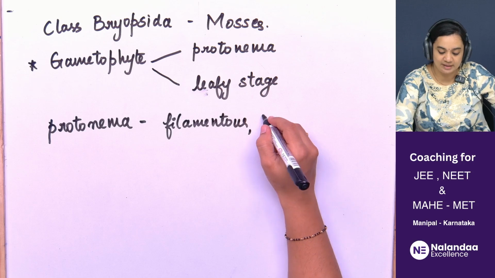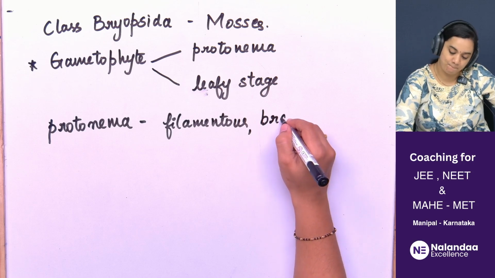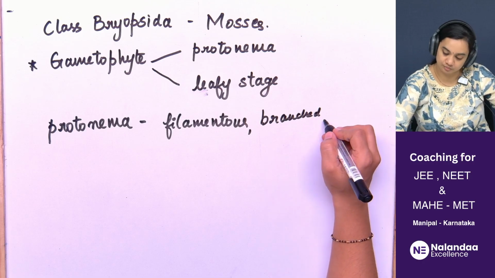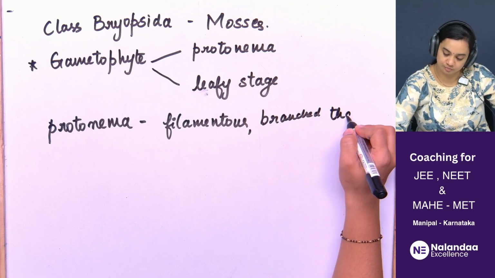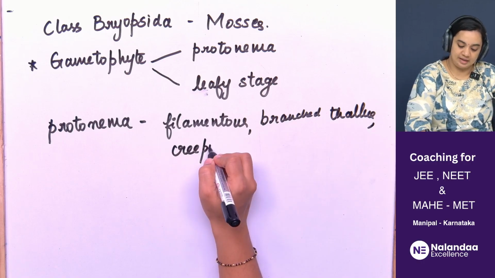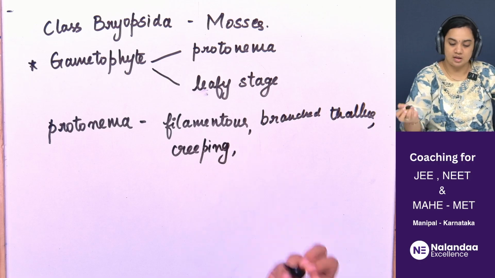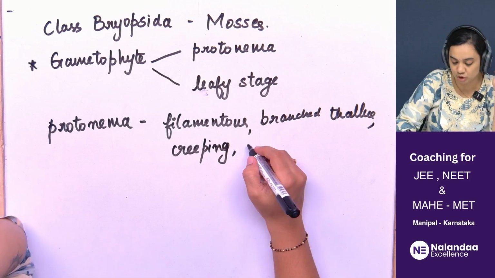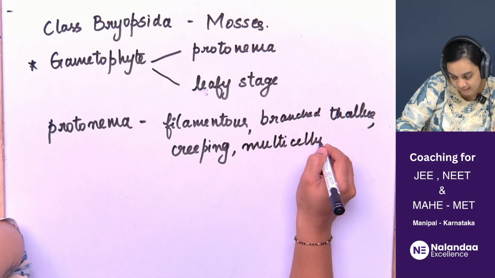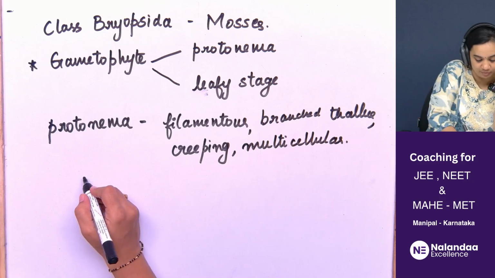Filamentous and creeping on the substratum. So it's filamentous, branched and also multicellular. It looks something like this.